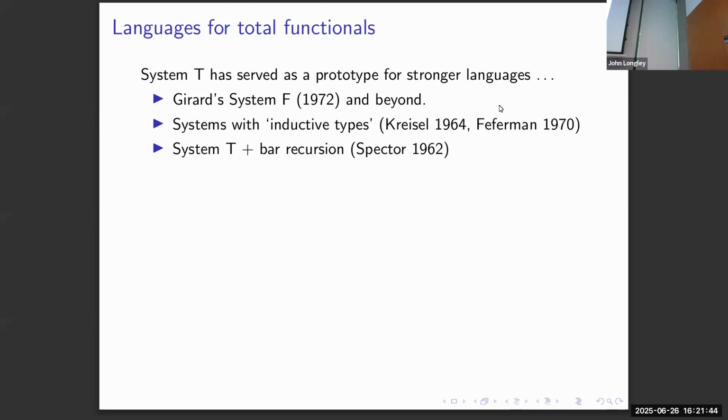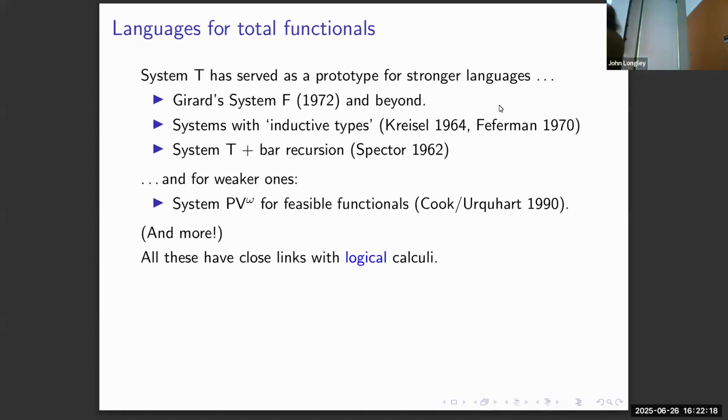Some of them are much stronger than system T. So we've got Gödel's system F, and various systems with what we would nowadays call inductive types, although they didn't think of them that way in the old days. Those are extensions where we extend the type system. We've also got one where you don't extend the type system, you just add a more powerful operator, bar recursion. And this one I may say something about in lecture 2, because I think it's fascinating.